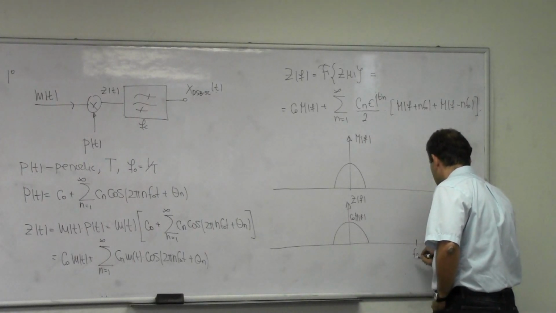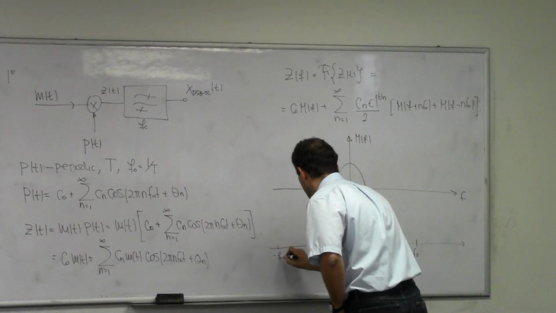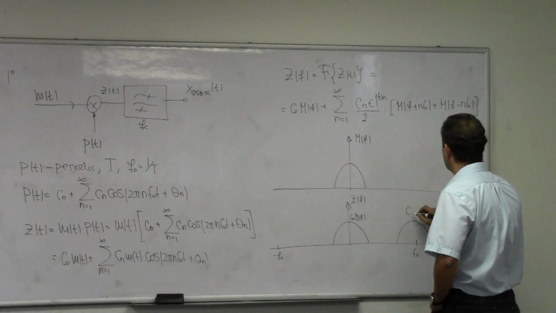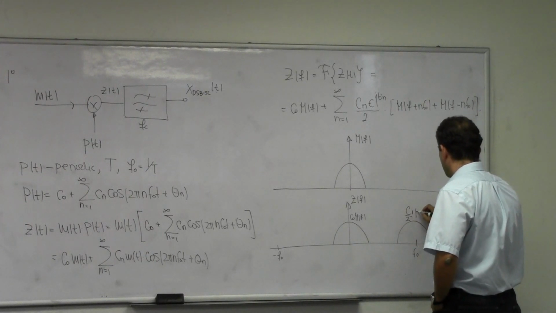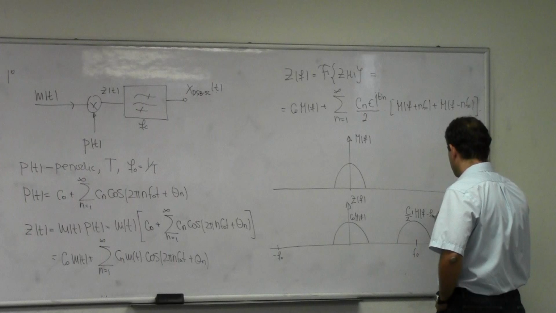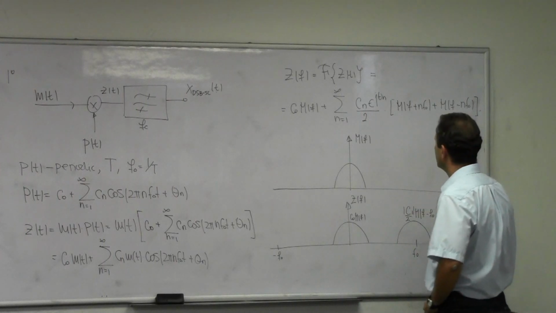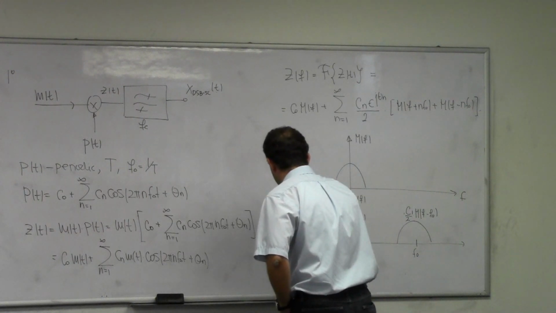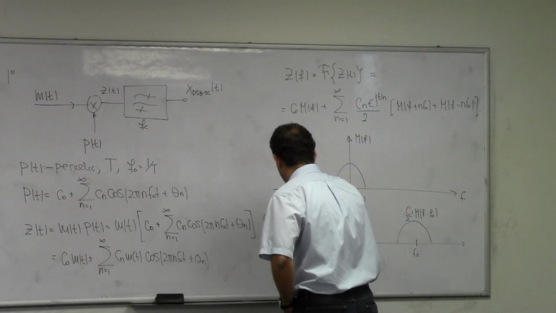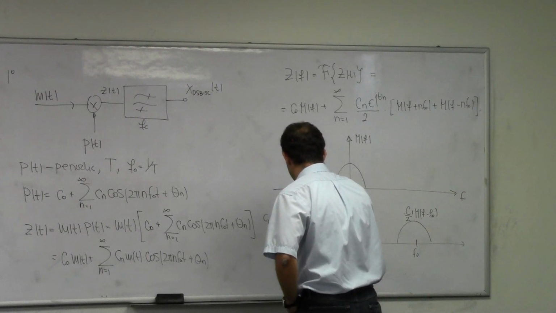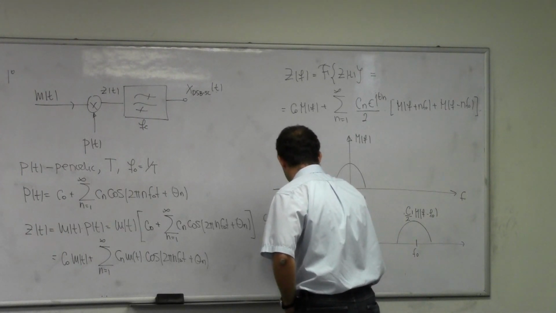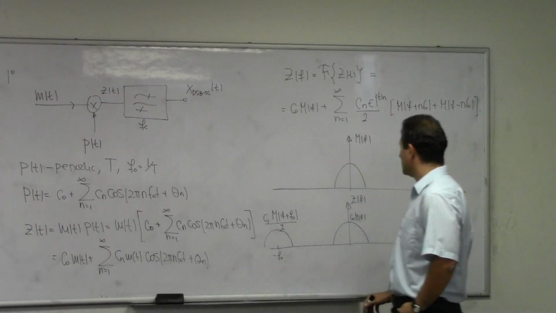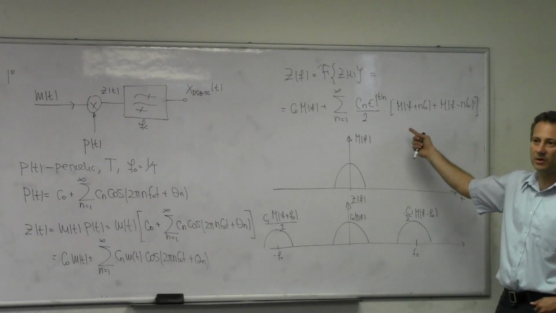Let's say this is f0, minus f0. So here I have C1 over 2 M of f minus f0. I should say magnitude here, or I assume this is a magnitude anyway. And this is C1 M of f plus f0 over 2. Right? So we get another one of these guys here. So what happened when I multiply with this periodic waveform?